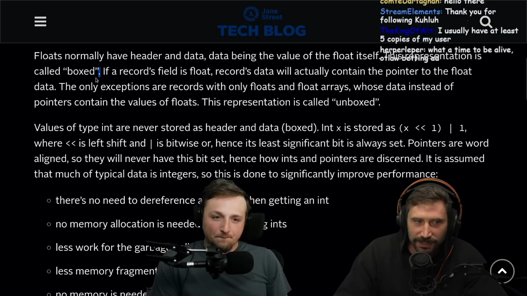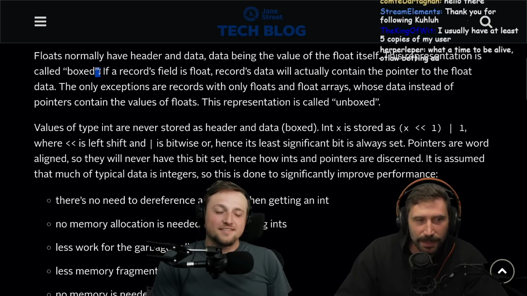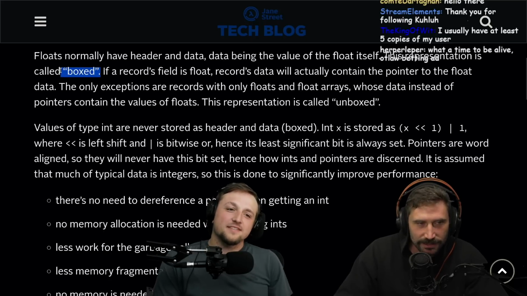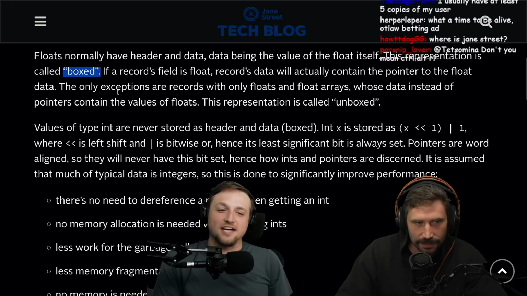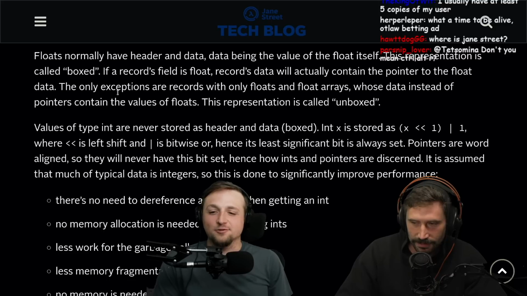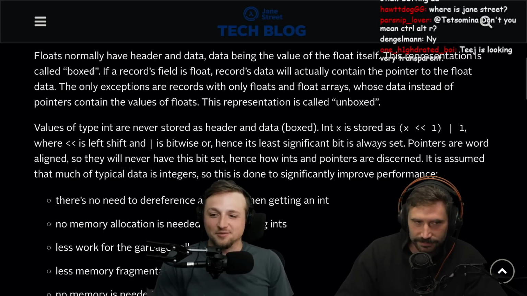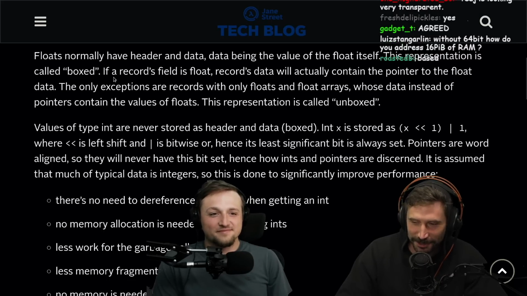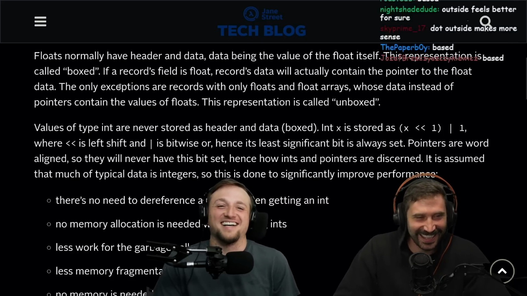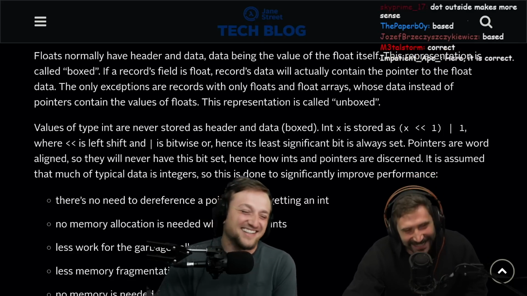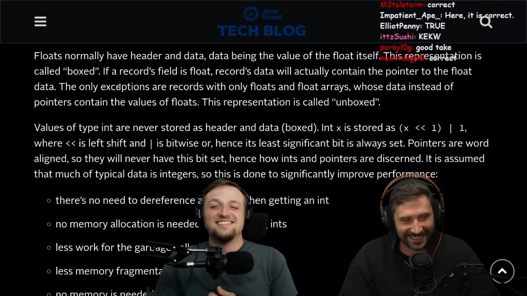Oh, man, look at that period outside the double quote. Did you know that is apparently a UK versus America thing? I heard that. I think objectively, dot outside is better. Because you're quoting the boxed, right? And then you want to put a period at the end. Personal opinion. You just said objectively and now personal. Which one is it, TJ? Well, it's Twitter, so we can say both. My opinions are objectively better.